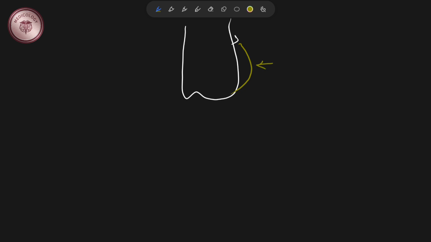This is mostly seen in animals, but in some humans, if it is present, it is known as Struthers ligament. What is Struthers ligament? It is present in some people, a very rare case, coming from the supracondylar process and inserting to the medial epicondyle. This is the lateral epicondyle.